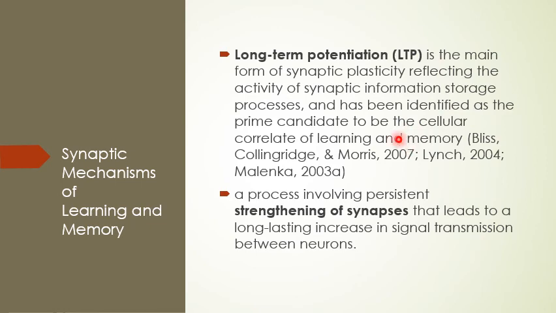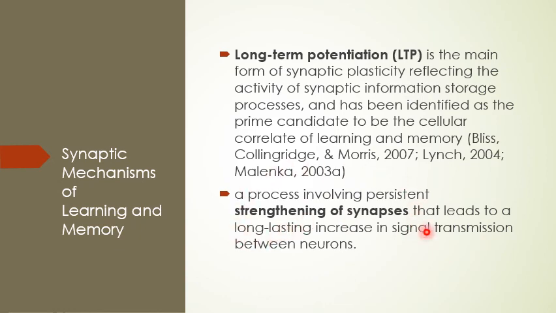In other words, LTP is a process of persistent strengthening of synapses. You are able to learn, remember, or store information because your synapses are being strengthened. Long-term potentiation involves specific ions or elements that are synthesized so that the synapse will be strengthened.